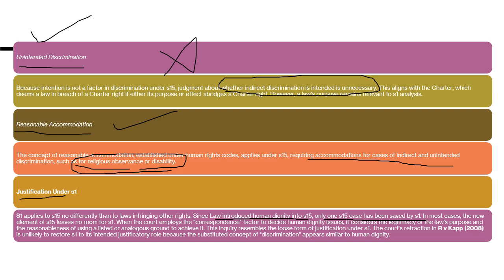So when the court employs the correspondence factor to decide the human dignity issue, it considers the legitimacy of the law's purpose and reasonableness. This inquiry resembles a loose form of justification under section 1. The court's retraction in R v. Kapp is unlikely to restore section 1 to its intended justificatory role because the substituted concept of discrimination is almost similar to human dignity.